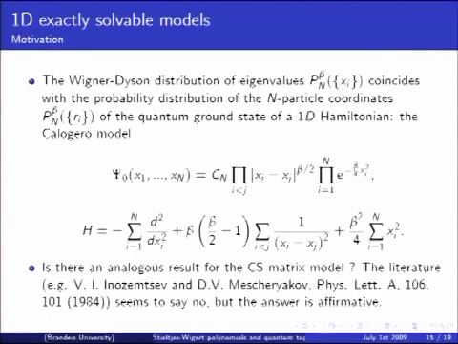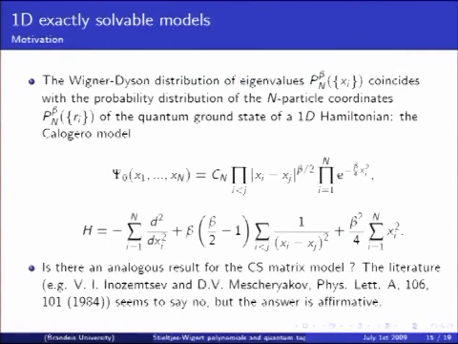The ground state wave function of this Hamiltonian turns out to coincide with the probability distribution function of a Gaussian random matrix ensemble. It's explained here: the Wigner-Dyson distribution, which is the name for the Gaussian ensembles of eigenvalues, coincides with the probability distribution of the n-particle coordinates of the quantum ground state of a one-dimensional Hamiltonian.